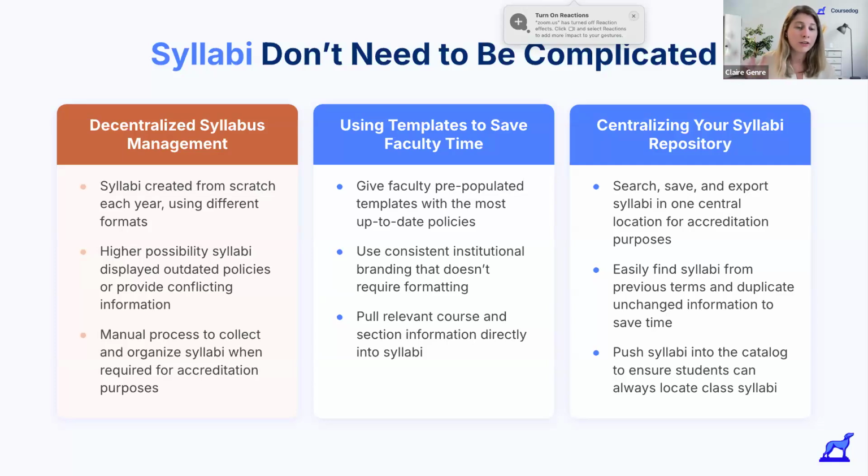Obviously still giving faculty all the freedom and flexibility that they need and want for their course-specific information. And so we typically see large amounts of time spent formatting, chasing down policies, and inputting new information, taking away from where faculty ideally should be able to focus and serve best: instructing, supporting students, and conducting research.